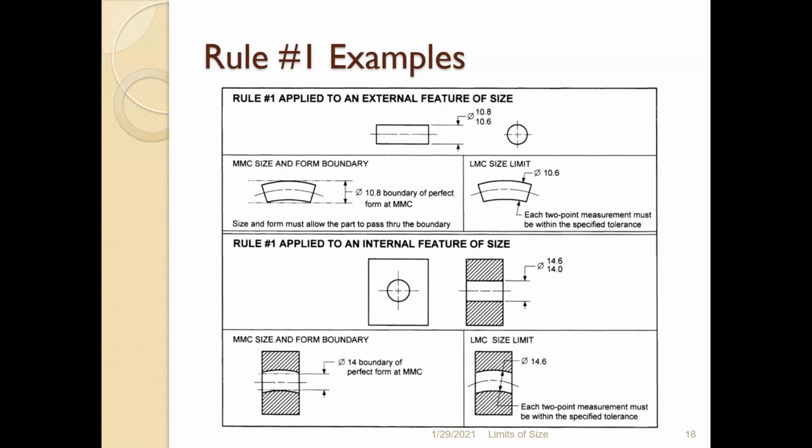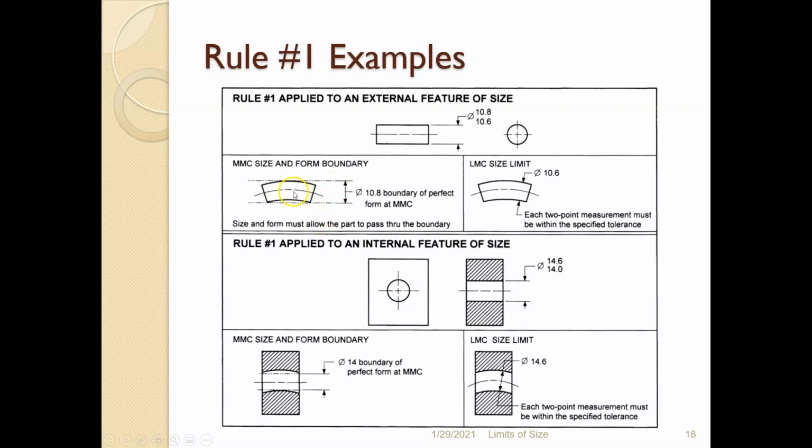And that hole, in this example, would exist at a diameter of 10.8. Okay, so now we have a hole with a diameter of 10.8. We call that the boundary of perfect form. Why is it at 10.8? Well, that's the MMC size of the shaft. So if we have a hole with a diameter of 10.8, how badly can this pin be bent to fit through that hole?